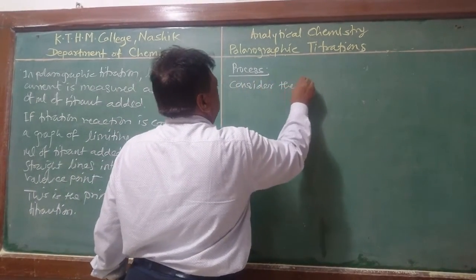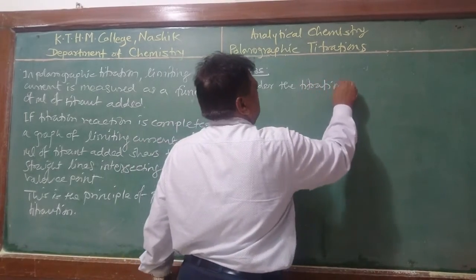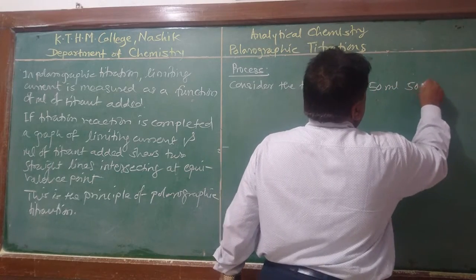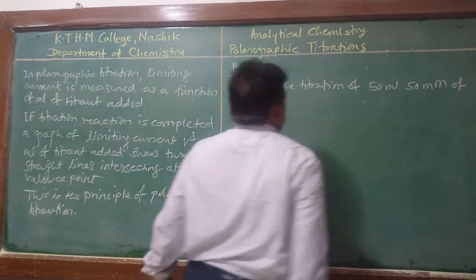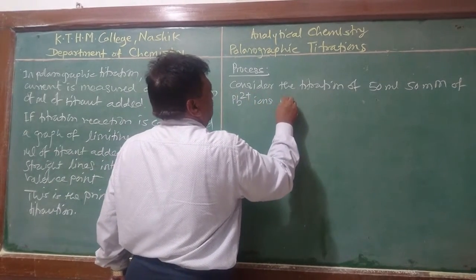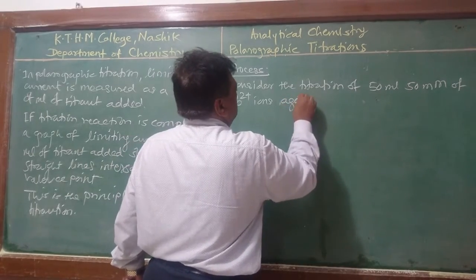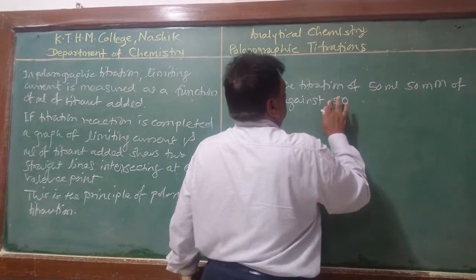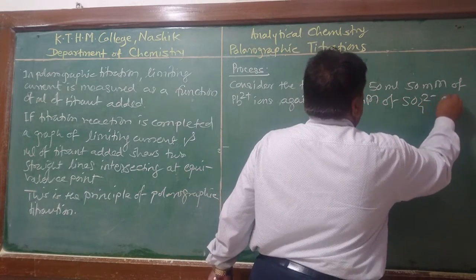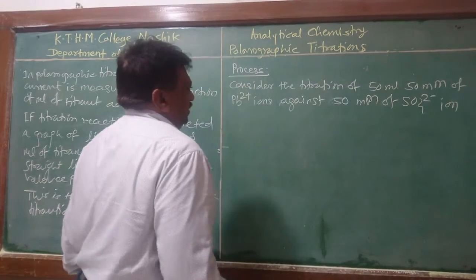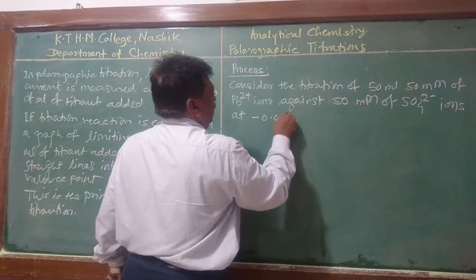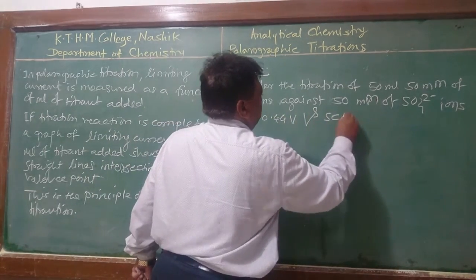Consider the titration of 50 ml, 50 millimole of lead 2 plus ion against 50 millimole of sulfate ion at minus 0.44 volt versus saturated calomel electrode.